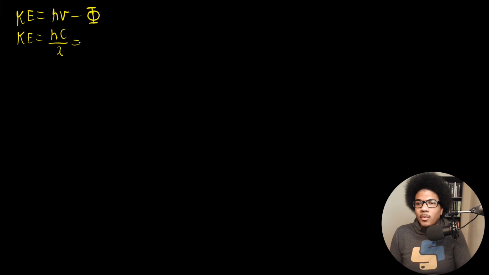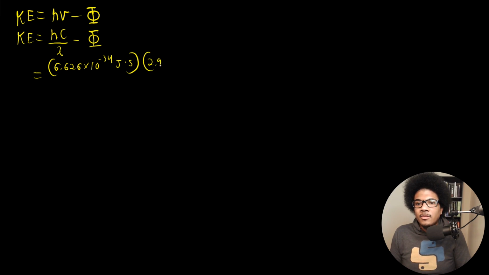Okay, so we want to plug in to this equation: kinetic energy is equal to h nu minus the work function, phi. So plugging in here, the kinetic energy is equal to hc over lambda, since we're given a wavelength. Now we're ready to plug in. We know Planck's constant, 6.626 times 10 to the negative 34 joule seconds.